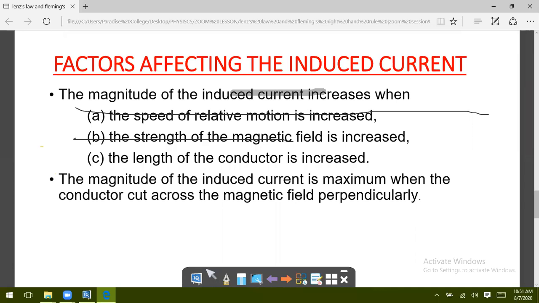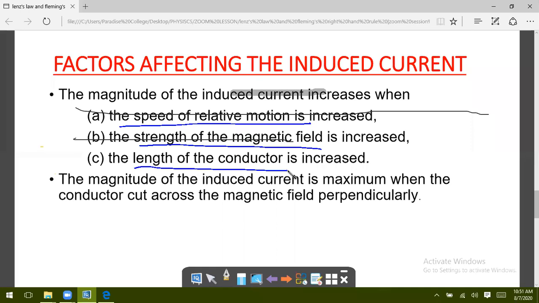Number one, the magnitude of induced current increases with the speed of relative motion. Please make note of this, very important. When speed increases, the induced current also increases. Number two, strength of the magnetic field. When the strength increases, the induced current also increases. The next thing is length of the conductor. When the length increases, the induced current also increases.